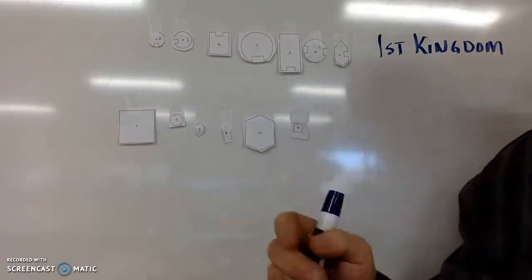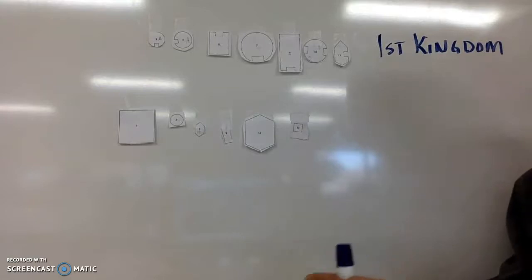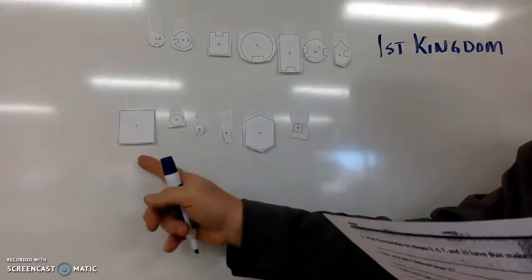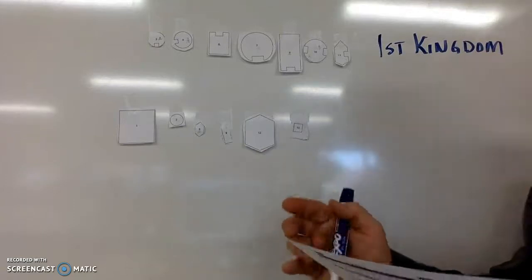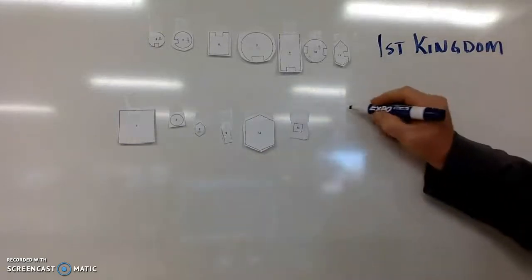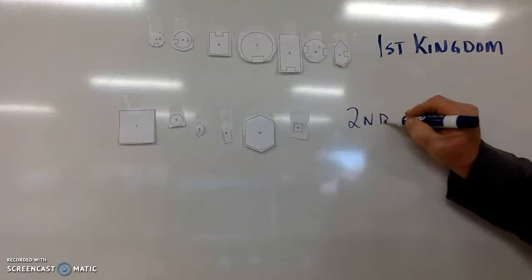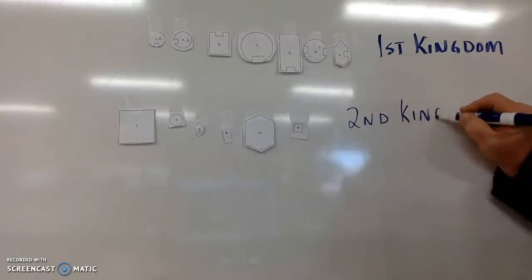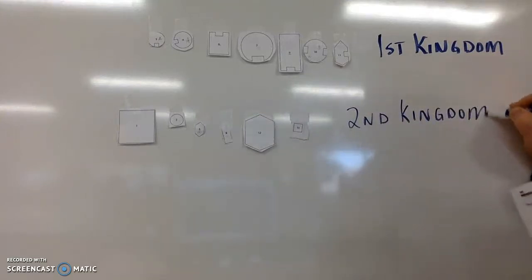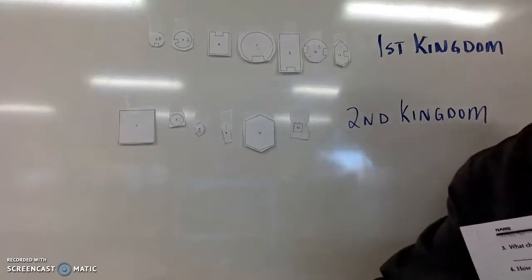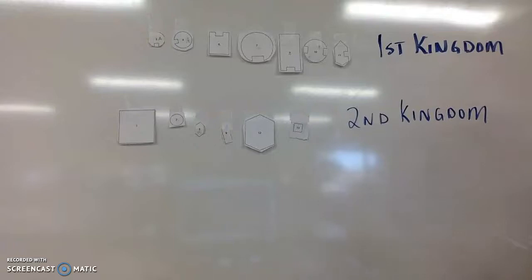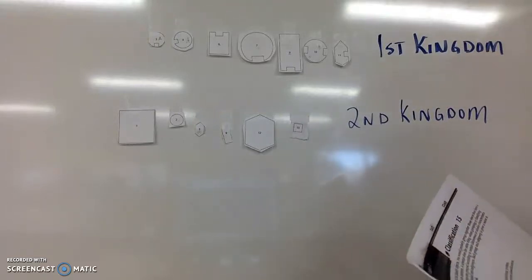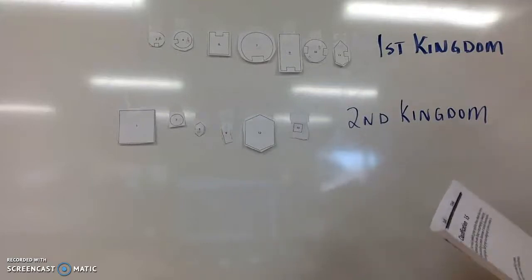The second step says place shapes 1, 2, 5, 8, 12, and 13 into a second group or a second kingdom. Then it says keep the kingdom shapes in the same area, and further separate them into smaller groups.